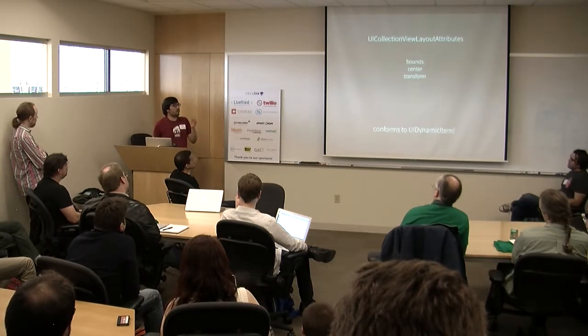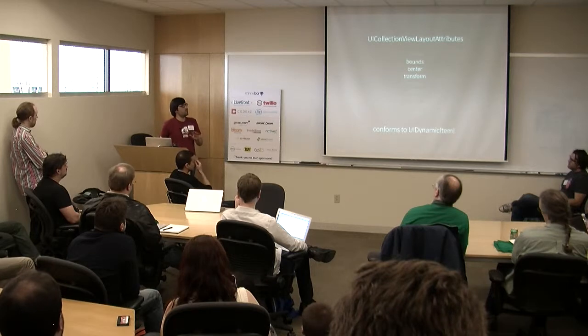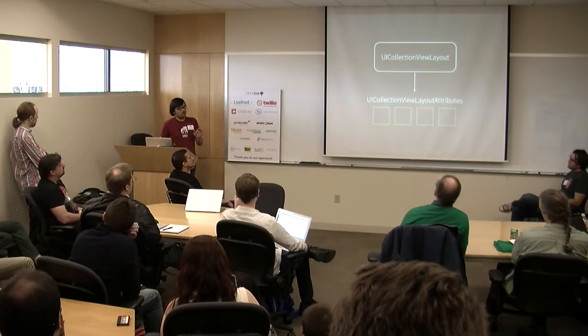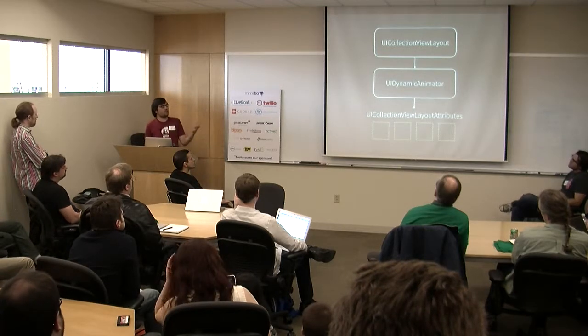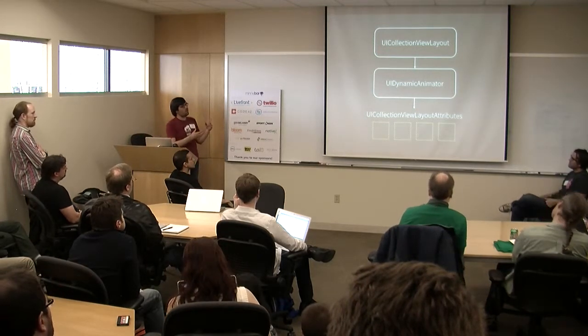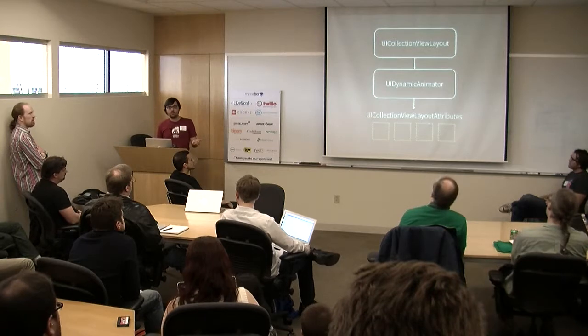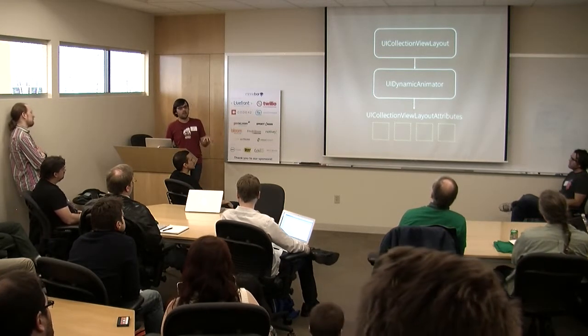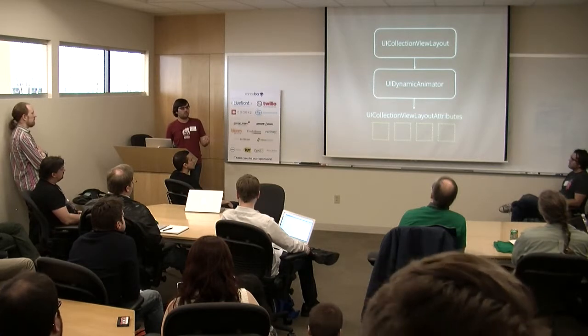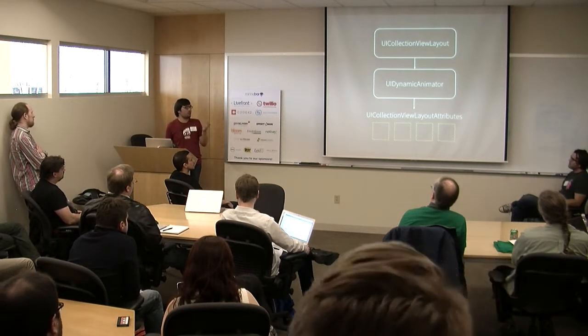But once you get the hang of it, it's really, really powerful. So the picture changes, right? Instead of just the collection view layout providing these attributes, the dynamic animator is really providing the attributes, and we're just setting up relationships in the animator between different attributes for each cell or decoration view.